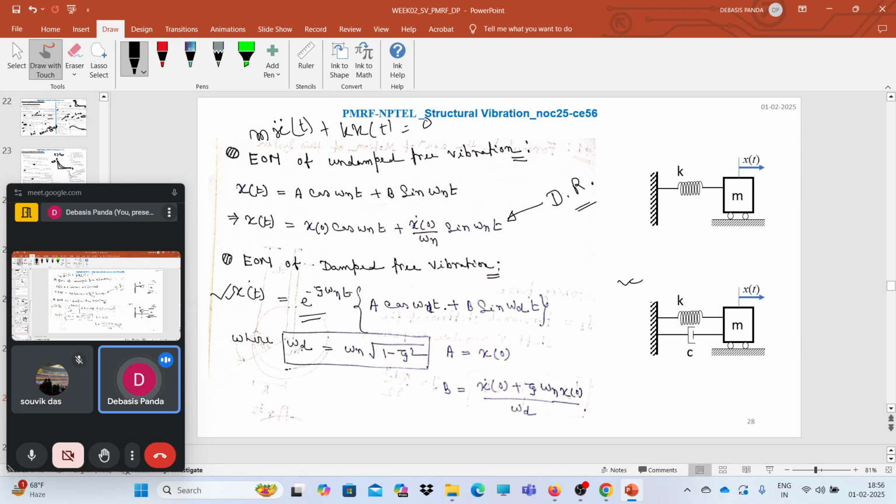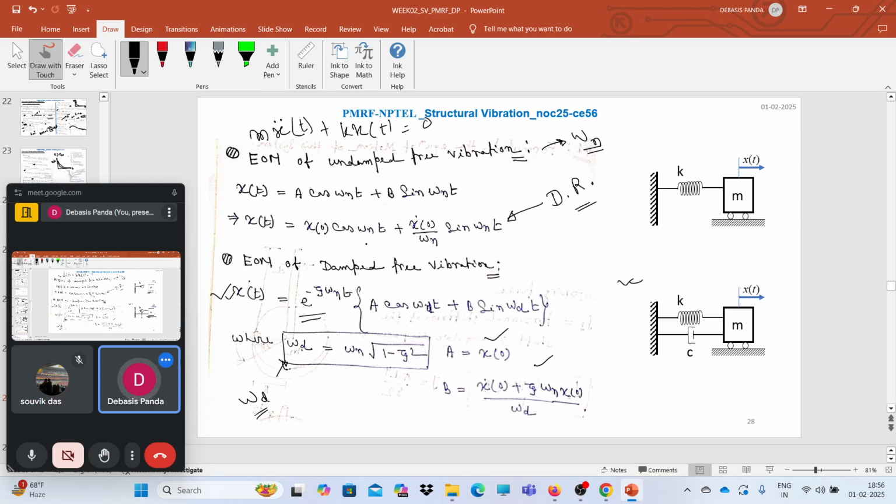A and b we can find from the initial conditions. A is nothing but x naught and b is x dot naught plus zeta omega n x naught by omega d. Omega n is the natural frequency, omega d is the damped natural frequency, and the relation is omega d equals omega n under root of 1 minus zeta square.